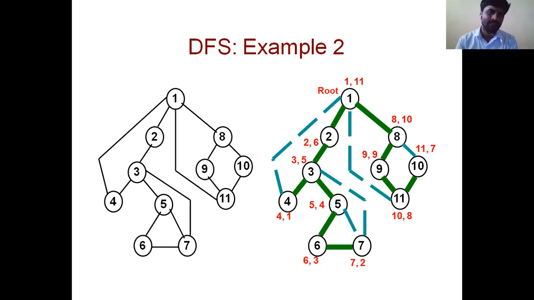Here the root node is 1, and 2 and 3 are subnodes of 1, and 8 is also a subnode of 1. 4 is also a subnode of 1, and a subnode of 3 also. 7 is also a subnode of 3. 6 and 7 are subnodes of 5. This way we can represent the depth first search algorithm.